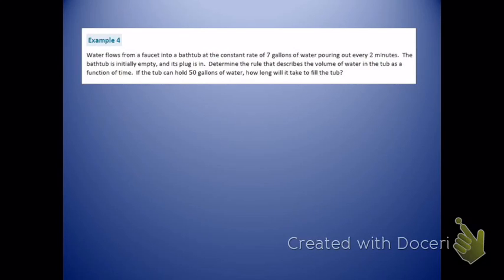All right, so if we're going to write the rule that describes the volume of water in the tub as a function of time, we need to know what the rate is. We would need to know how many gallons per minute are flowing. So gallons per minute is going to be our rate.